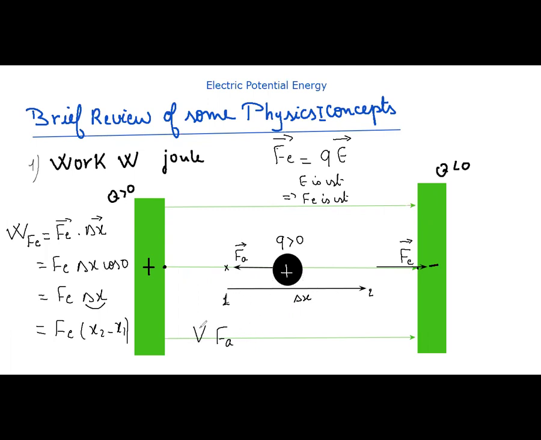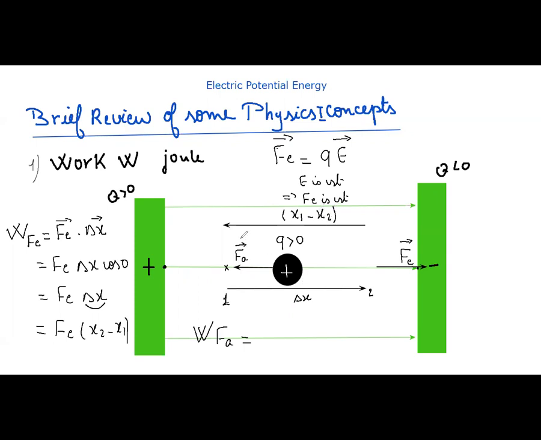The work done by FA equals, here we have a displacement from here to here, which is equal to x final minus x initial.